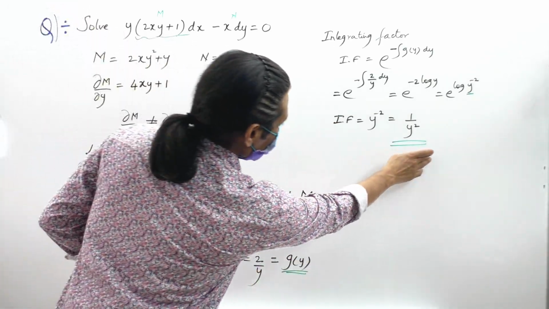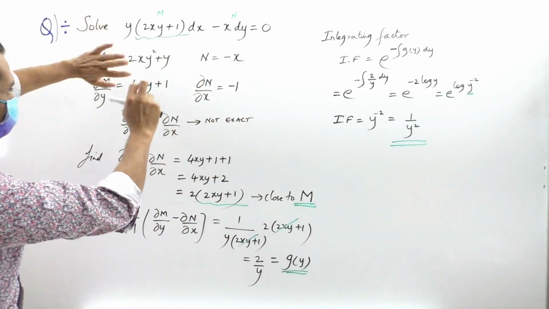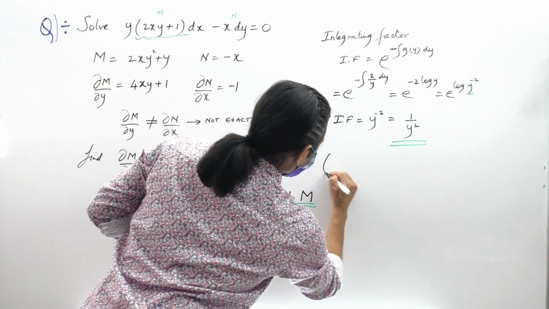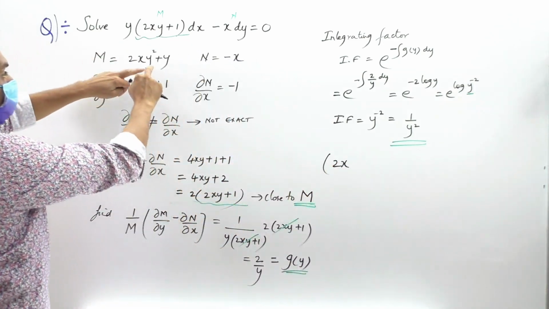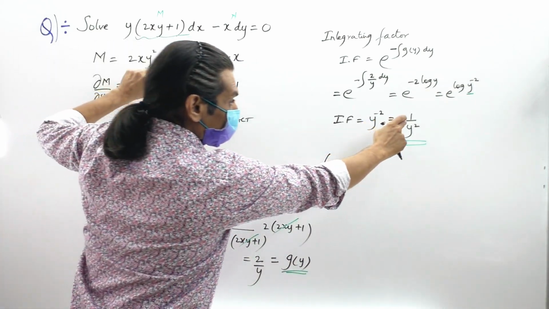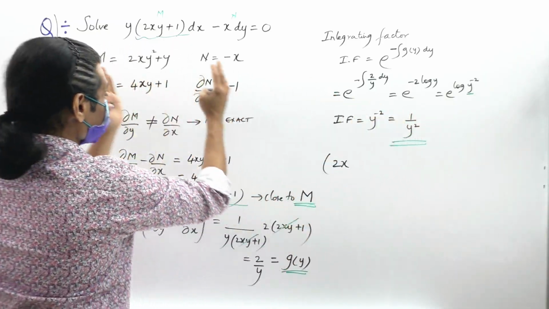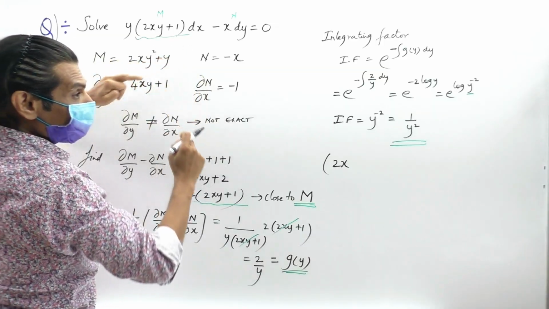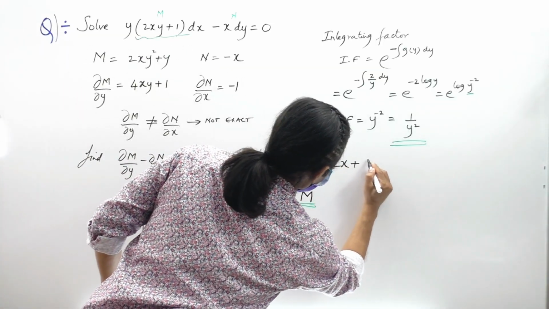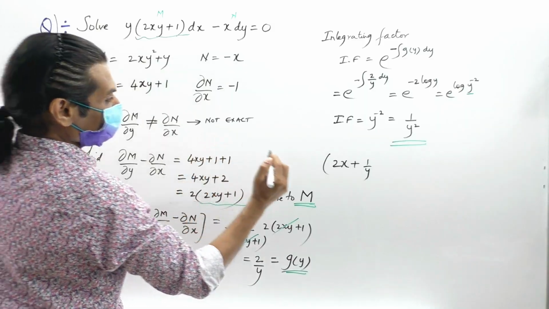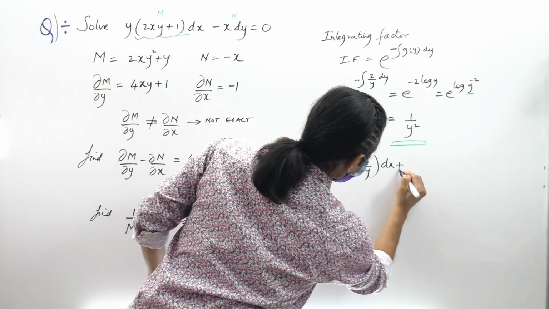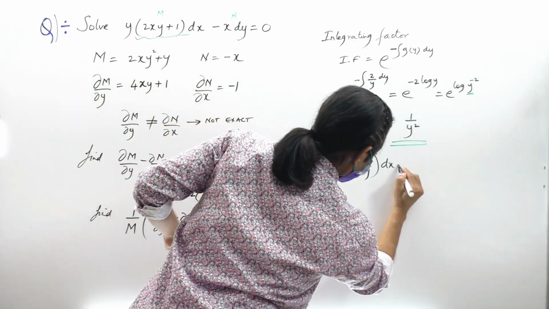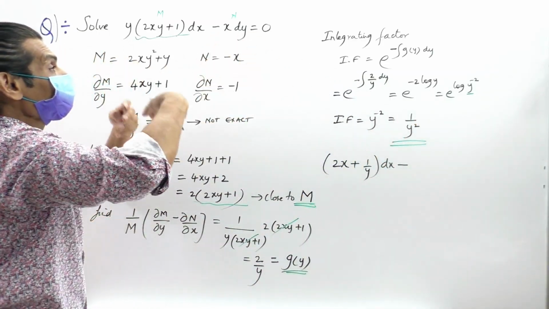So, let us multiply it here, I will do directly here. So, 1 by y square, see here carefully, m is 2xy square, by y square cancel, what I get? 2x, fine, plus y by y square, y cancels, plus 1 by y, into dx, plus again, sorry, this is minus here, minus x by y square.